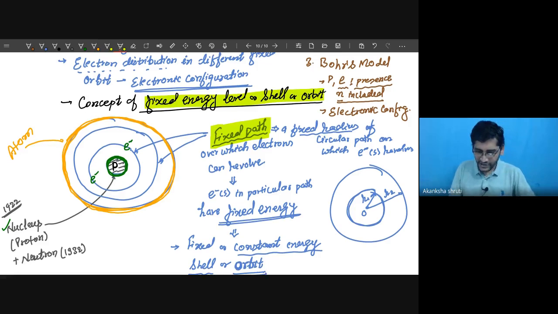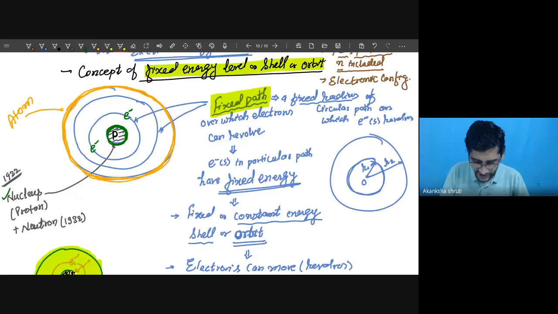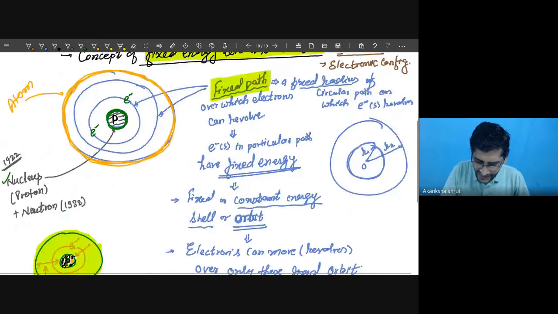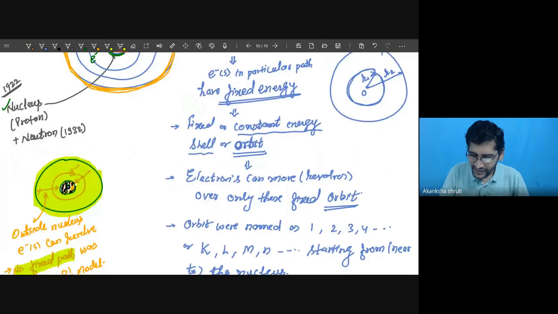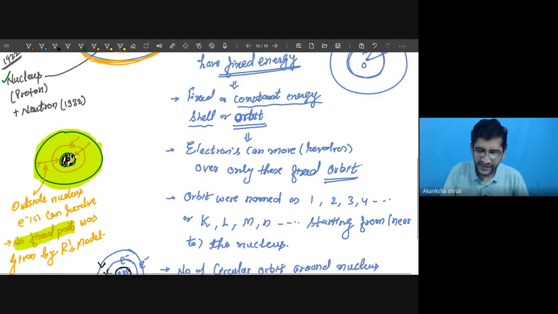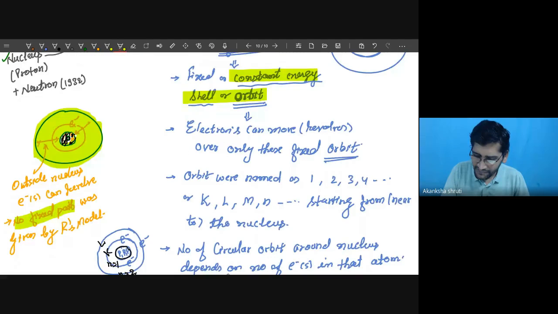Now I am going to write the salient features, how the electron distribution is. How many electrons can be present in a particular path? That distribution of electrons in a particular path is called electronic configuration. We will also learn this electronic configuration in these fixed paths. Their numbering or names are like this, starting from the nucleus: 1, 2, 3, 4.